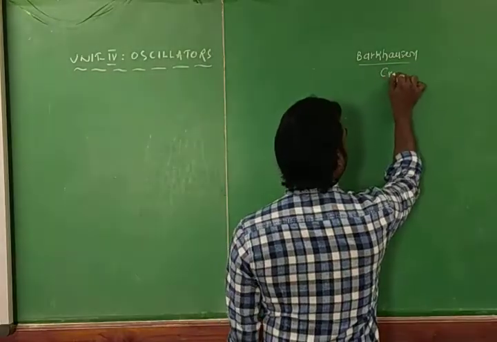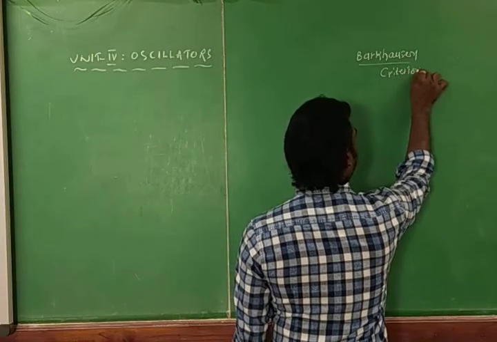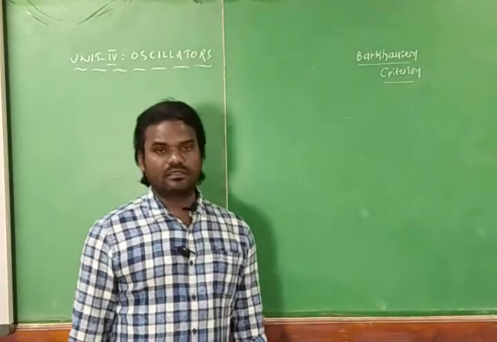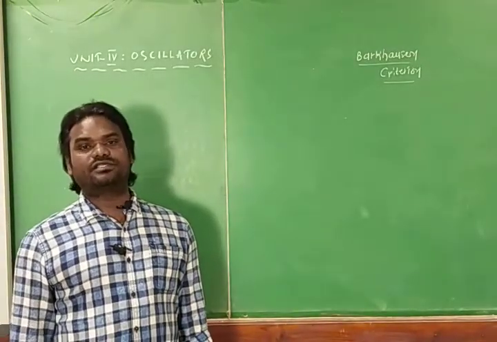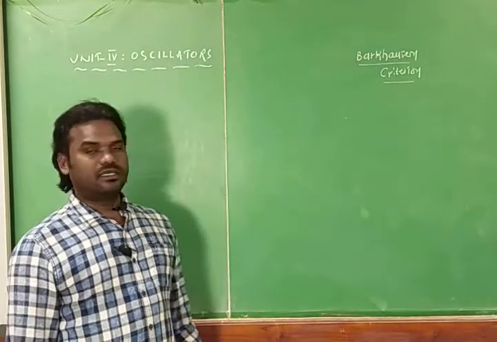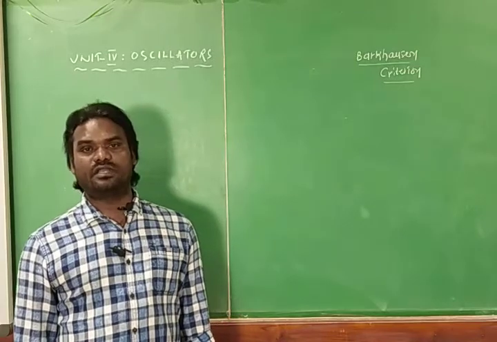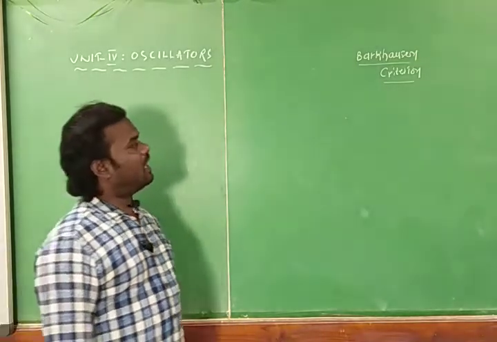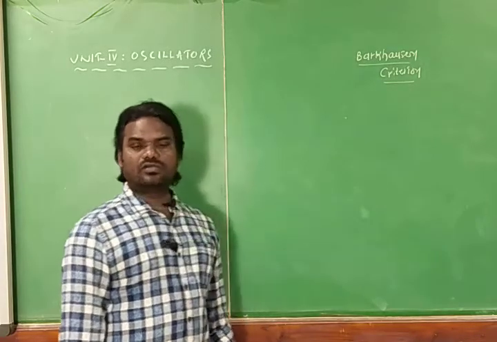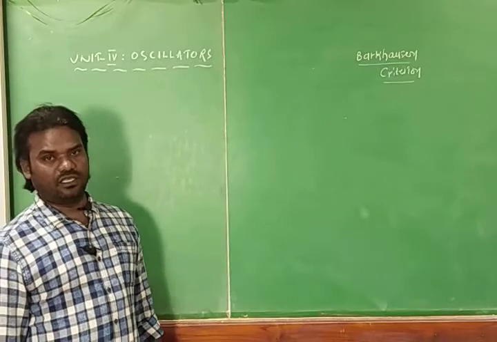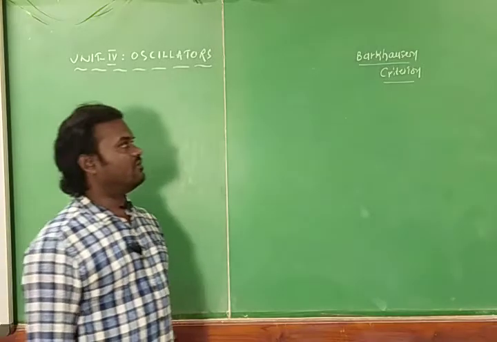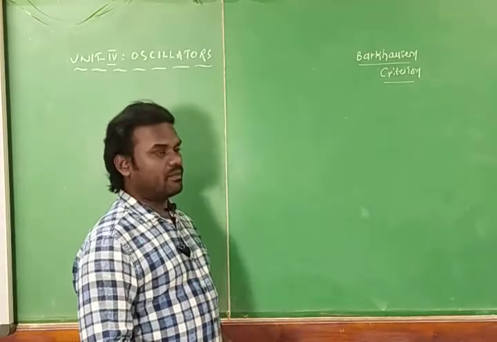Barkhausen criteria describes the conditions to provide the sustained and proper oscillations. The oscillator circuit has to satisfy two conditions. The two conditions combinedly we can call the Barkhausen criteria.